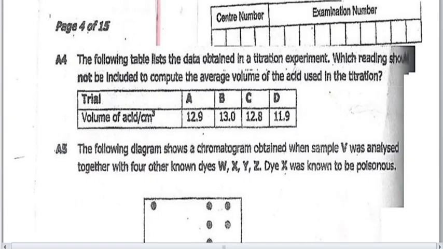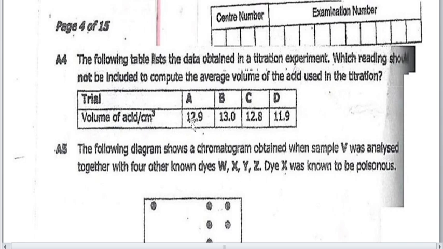Number 4, the following table lists the data obtained in a titration experiment. Which reading should not be included to compute the average volume of the acid used in the titration? So the one which should not be included here is the one that is not close to the rest.